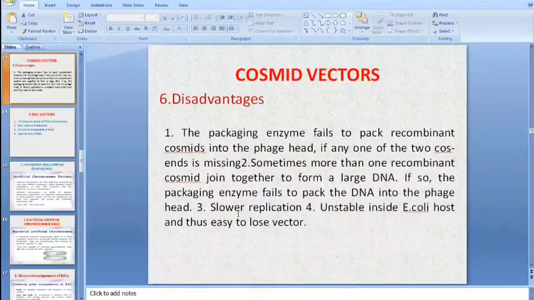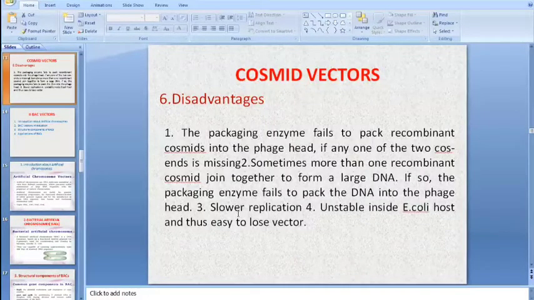Now, the last one in these plasmid vectors is the disadvantages. There are definitely disadvantages, because if there are advantages, definitely they have some disadvantages. The first one is that the packaging enzyme fails to pack recombinant plasmids into the phage head if any one of the two cos sites is missing.